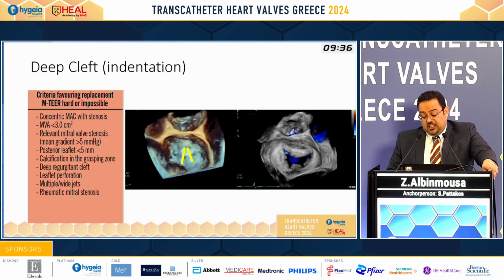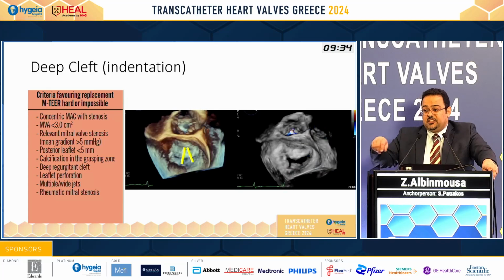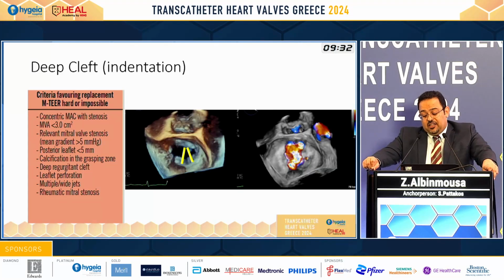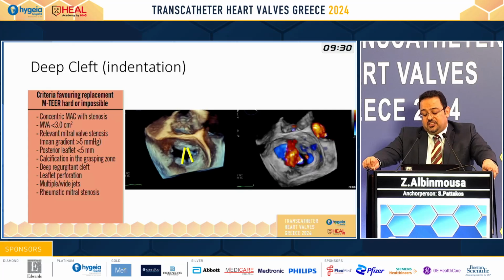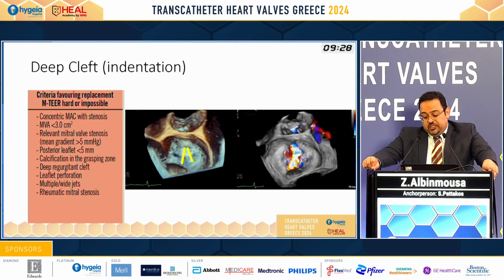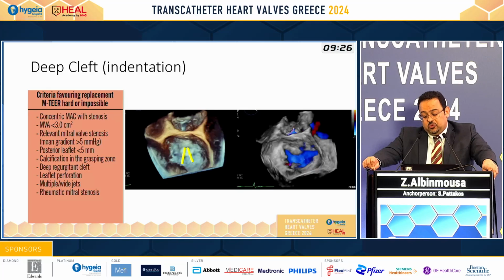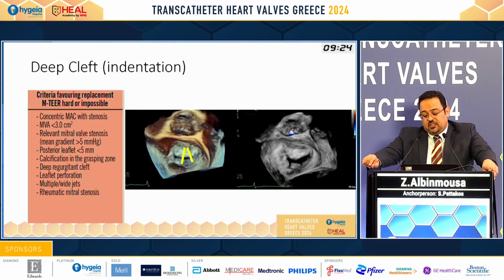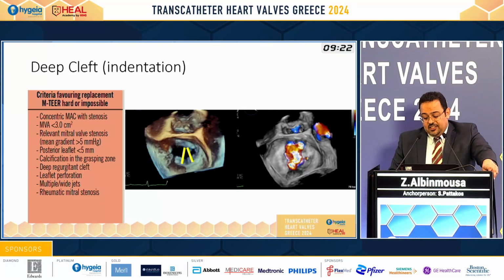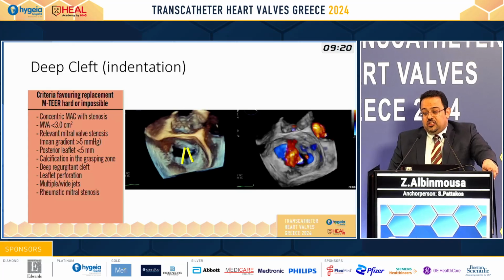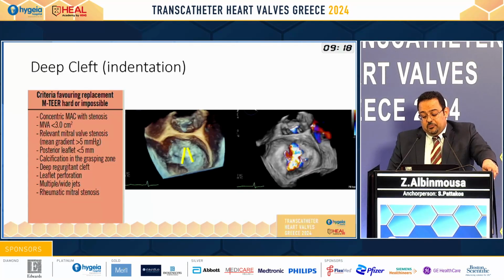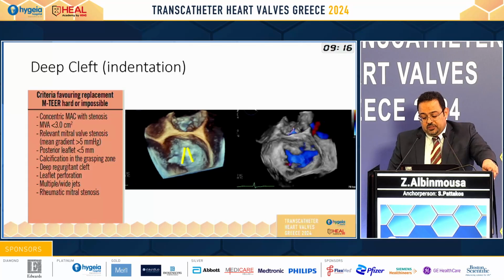But if it is like this image, with two clefts, really I don't know how to deal with such a condition. We didn't do such a case. We use only one clip rather than two clefts. So it's another challenging condition where you have to think deeply about how to deal with such patients.